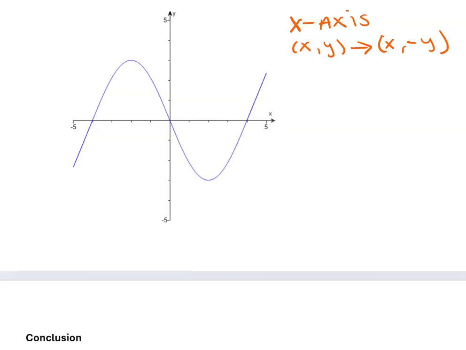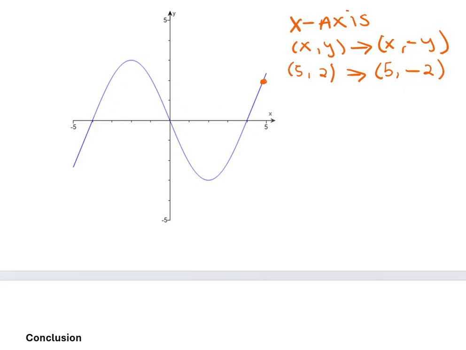What would that be? 5, 2? Somewhere there? Okay, you agree? Let's try that. 5, 2. We cannot see it that much, but somewhere there. So that means I should also find 5, -2.